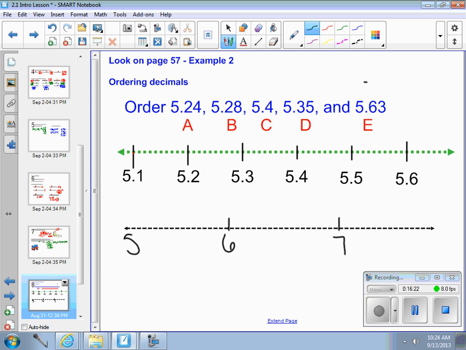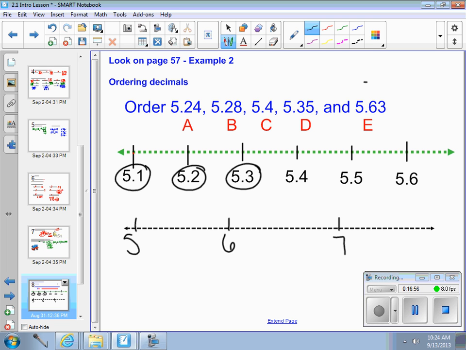Well, in between each of these whole numbers, there are a multitude of numbers, an infinite number of numbers between 5 and 6. Like in the example above, you have 5 and 1/10, 5 and 2/10, 5 and 3/10, and so on. So in between that, that's like your change between $5 and $6. There is a multitude of numbers between those two whole numbers.